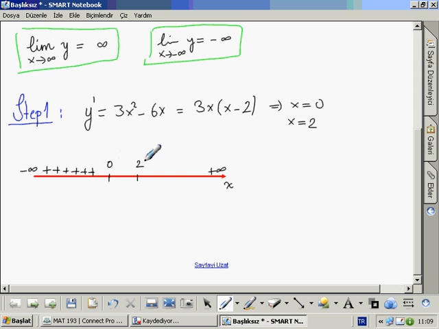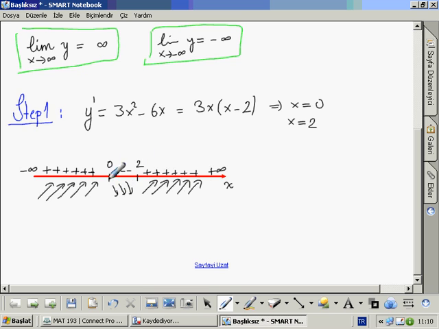If x is larger than 0 and less than 2, the sign will be minus, and this part will be plus again. So here it is increasing, for this part decreasing, and for this part again increasing.